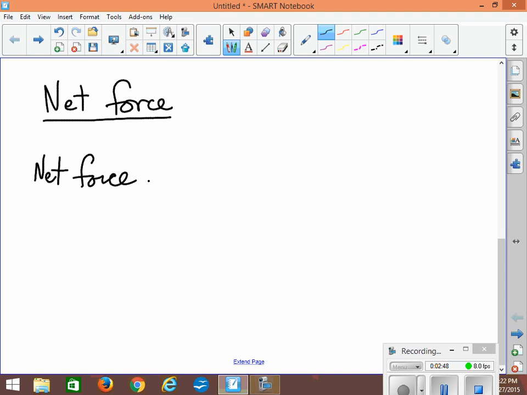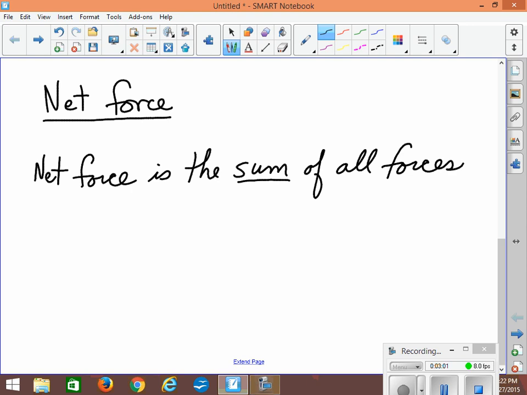So the net force is the sum, we can use that word, because it reminds us that we are adding them up. The sum of all forces acting on an object. So that's pretty straightforward. All right, so we have to figure out how we're going to do that.